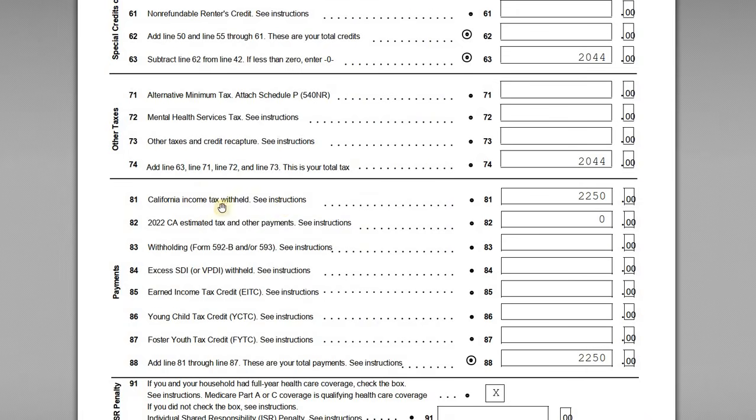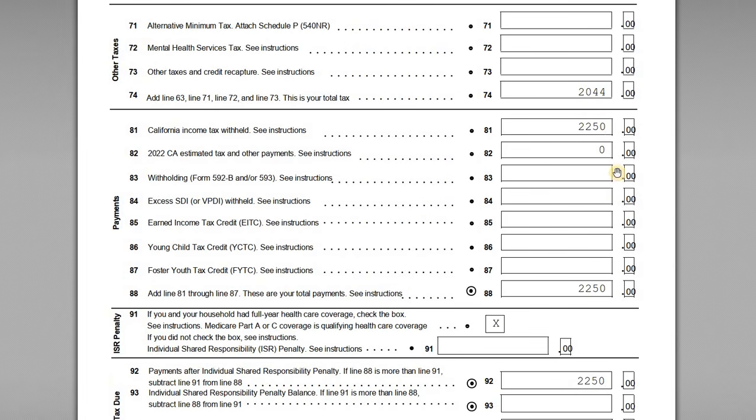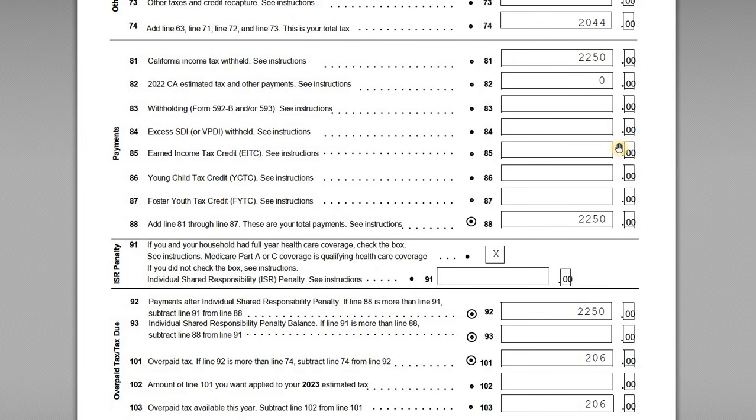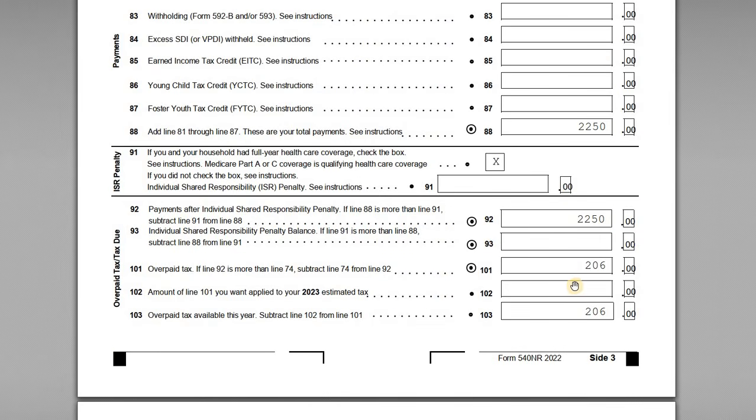She did have California income taxes withheld, right? So on that first W-2 from the California company, they withheld $2,250 of California state income tax. So because the amount of taxes withheld exceeds her taxes owed, she is going to get a refund. So the amount of taxes that was overpaid for Emily is going to be $206.